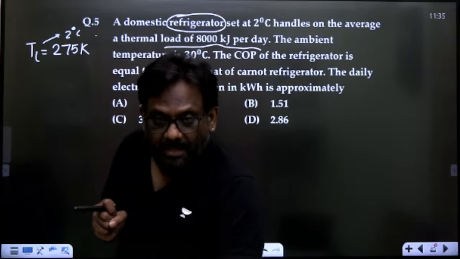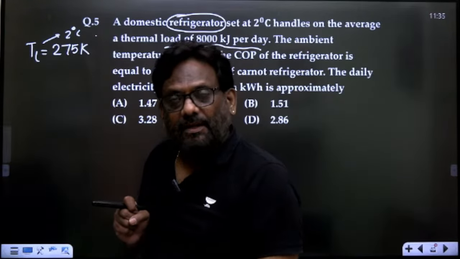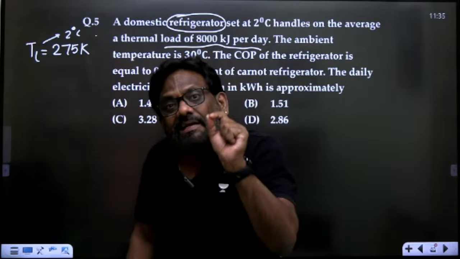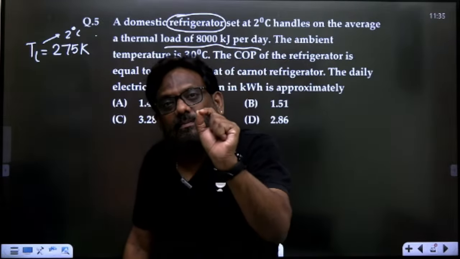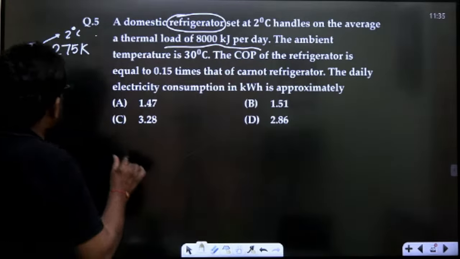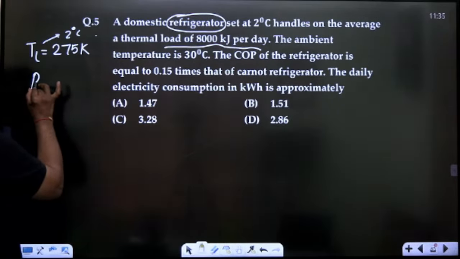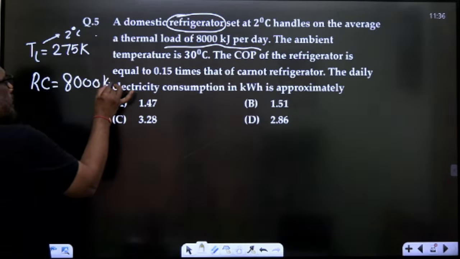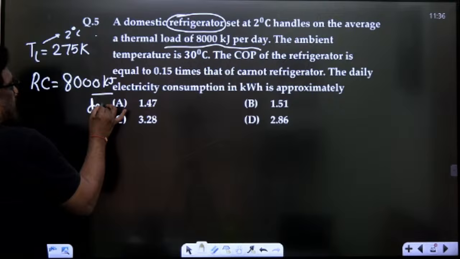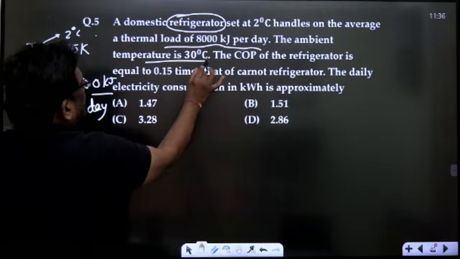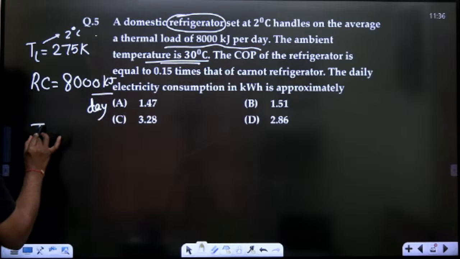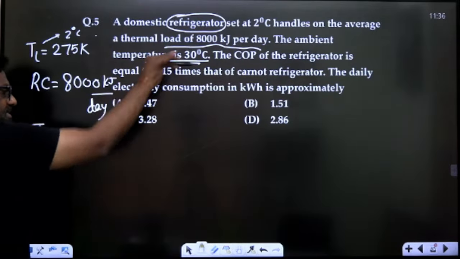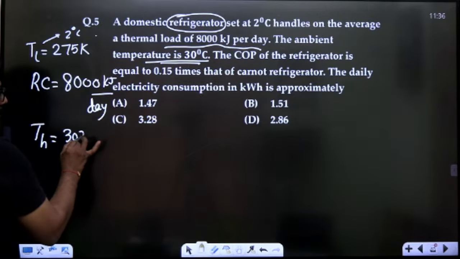Let me repeat, my dear students. In one day it is absorbing 8000 kilojoule of heat. So the refrigeration load or refrigeration capacity is 8000 kilojoule per day, that is the thermal load. And the ambient temperature, the higher temperature or surrounding temperature, converted to Kelvin, is 273 plus 30, which is 303 Kelvin.